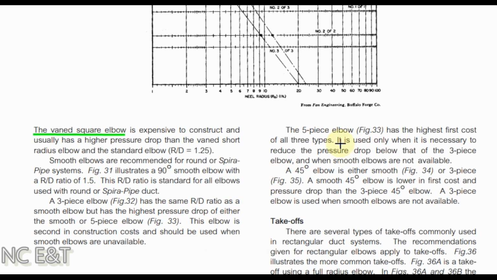The 5-piece elbow has the highest first cost of all the three types. It is used only when it is necessary to reduce the pressure drop below that of the 3-piece elbow and when the smooth elbows are not available.